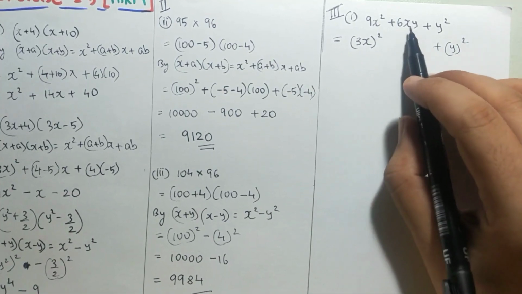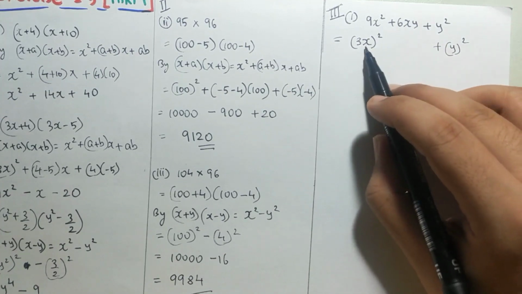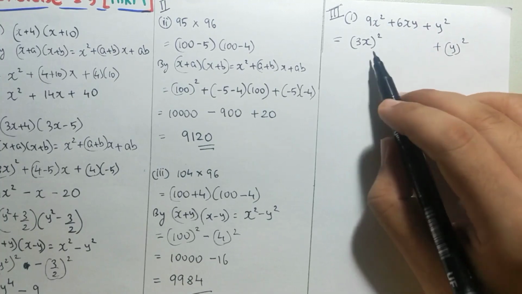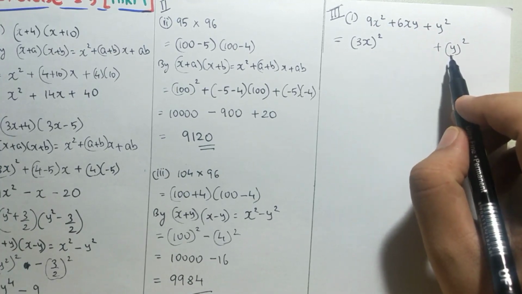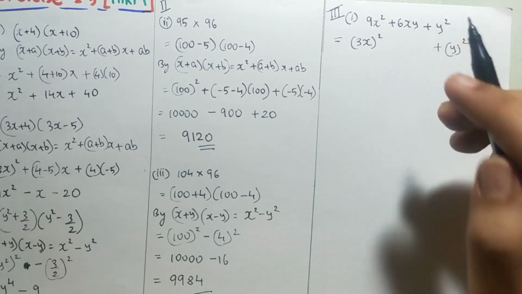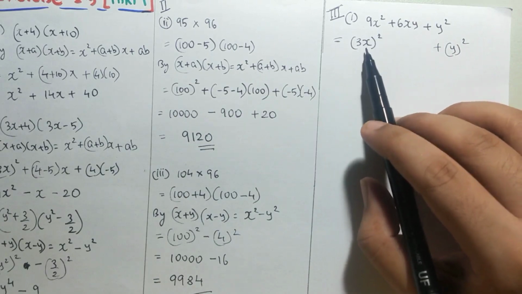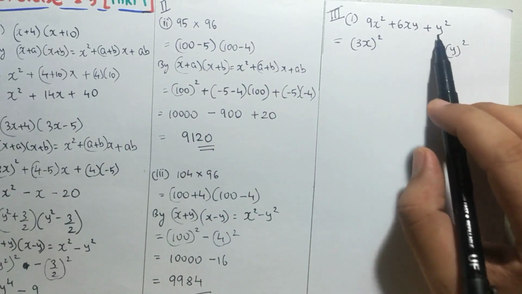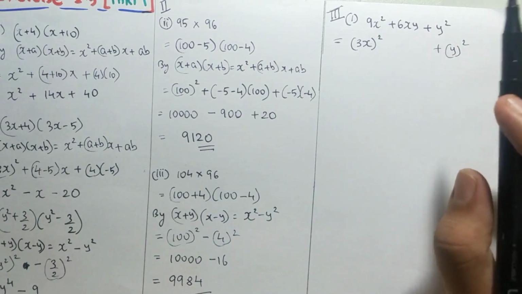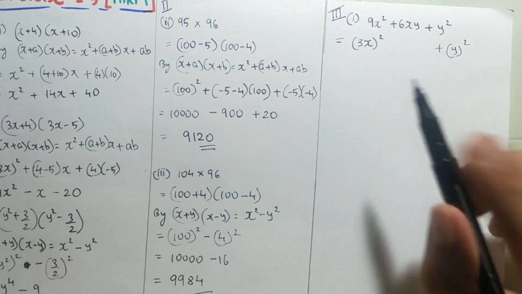Now just ignore this middle term right now. Multiply this first term and the last term, 3x and y. Whatever answer you get, always multiply that answer with 2. What we have done? We have first found the first term from 9x square and the last term from y square, that is 3x and y.